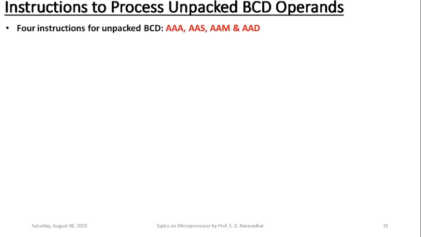So the upper nibble is 0, but the lower nibble is a valid decimal digit. Whenever we want to process such type of data, that data is called unpacked BCD data here. Let us see. Here are 4 instructions which are used for manipulation of unpacked BCD numbers: AAA, AAS, AAM and AAD. Triple A, ASCII Adjust Accumulator After Addition.